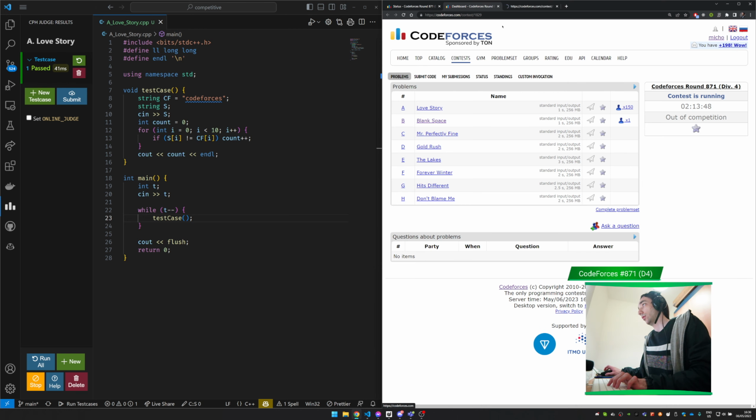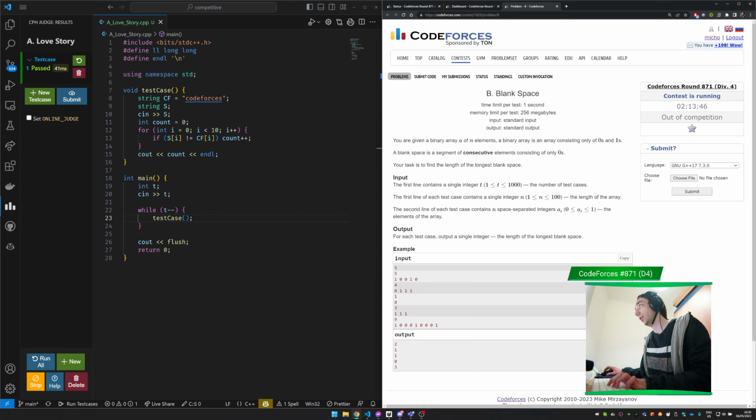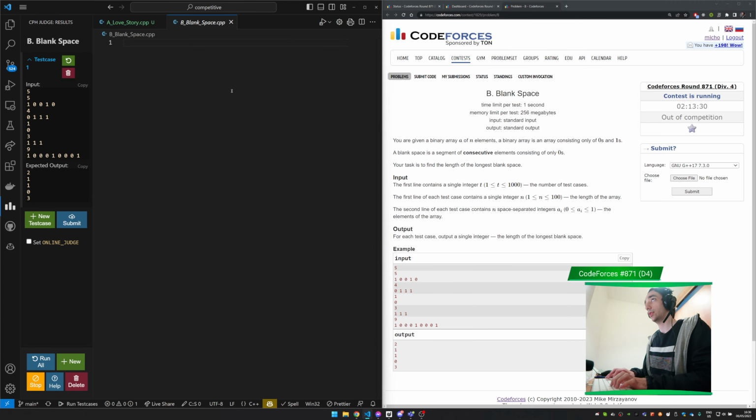So let's go B. You have a binary array A of n elements. A binary array consists only of 0s and 1s. A blank segment is a segment of consecutive elements consisting only of zeros. Find the length of the longest blank segment. You can solve this problem in many ways.